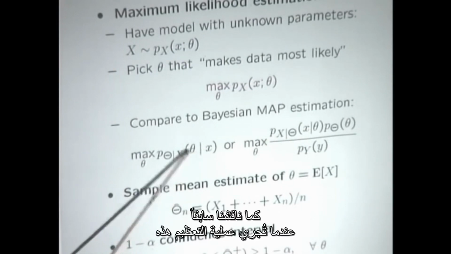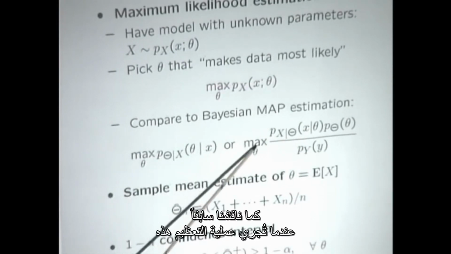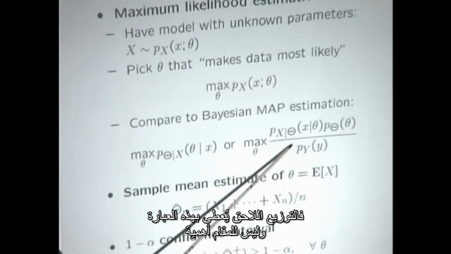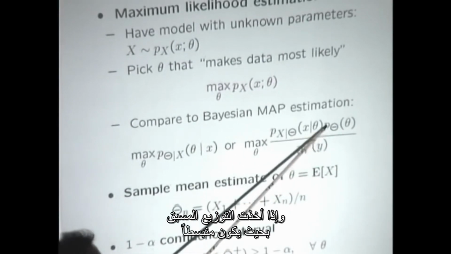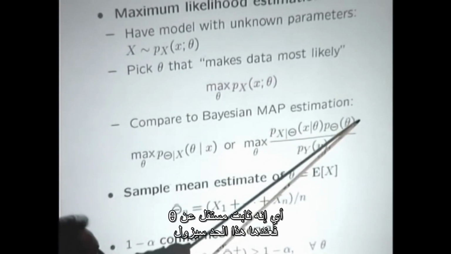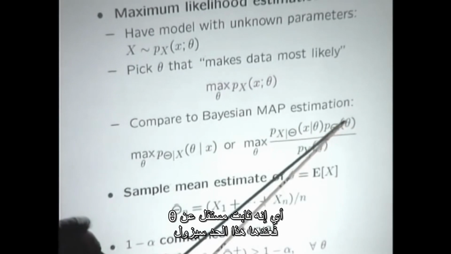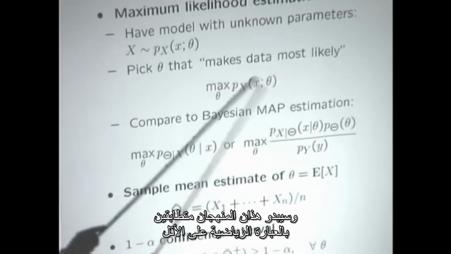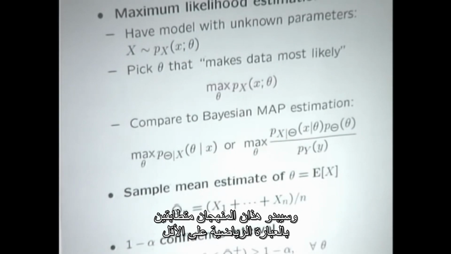As we discussed last time, when you do this maximization, the posterior distribution is given by this expression. The denominator doesn't matter. And if you were to take a prior which is flat, that is a constant independent of theta, then that term would go away. And syntactically, at least, the two approaches look the same.